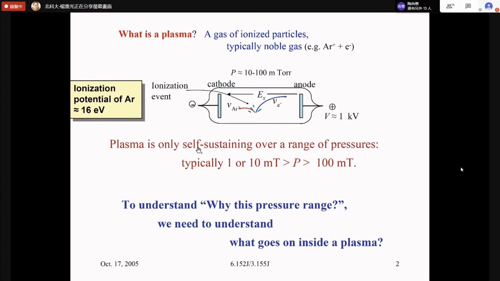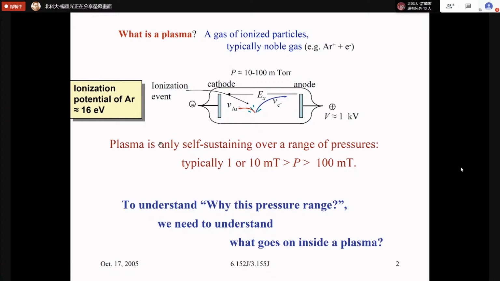So plasma is self-sustaining over a range of pressure. Typically, it's 1 or 10 millitorr, and we should make sure it is located in this range. If the pressure is larger than 1 millitorr, you will see that the plasma is difficult to generate.